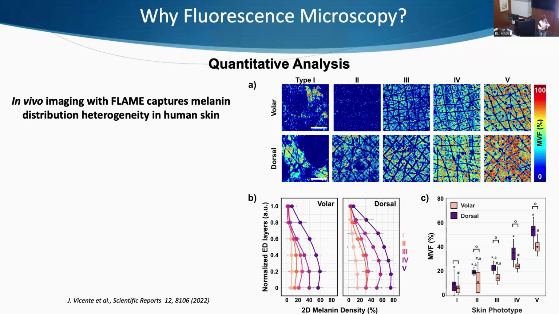And what I was saying is that we need this type of analysis in monitoring therapy effects, for instance, in therapy for repigmentation. We have a study where we monitor the effects of treatment of vitiligo. Vitiligo is a skin condition where you have depigmentation of your skin.